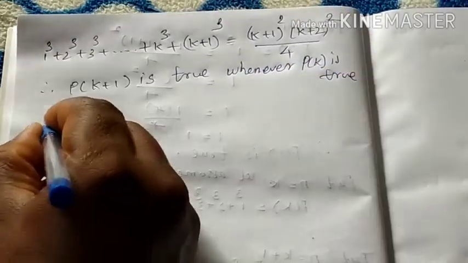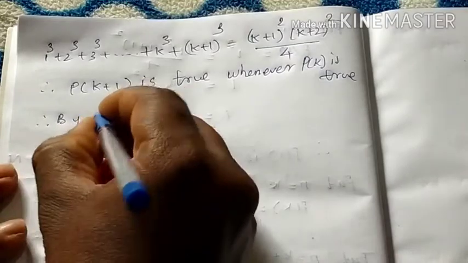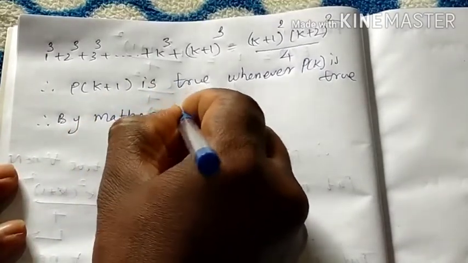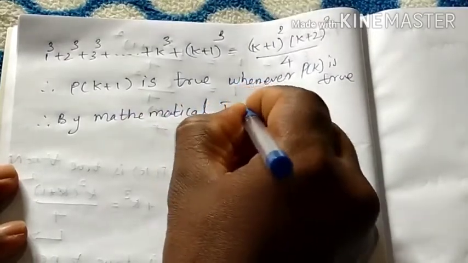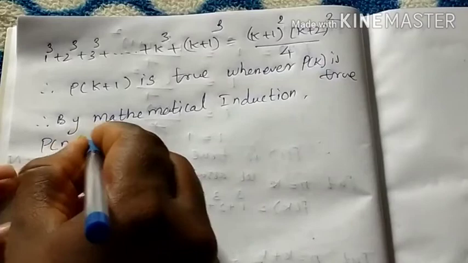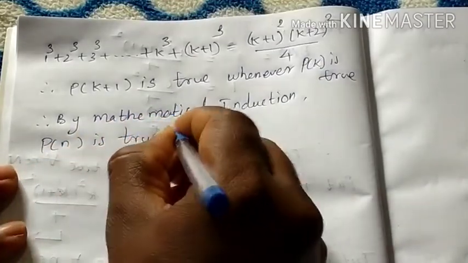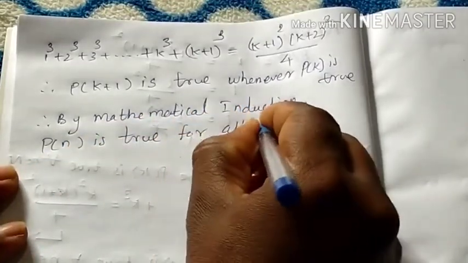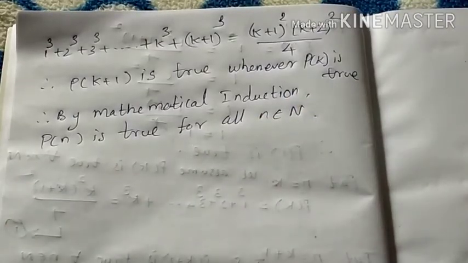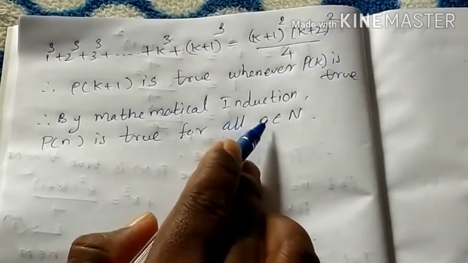Okay, therefore by mathematical induction, p of n is true for all n belongs to N. Have you understood? These are the mathematical induction steps.